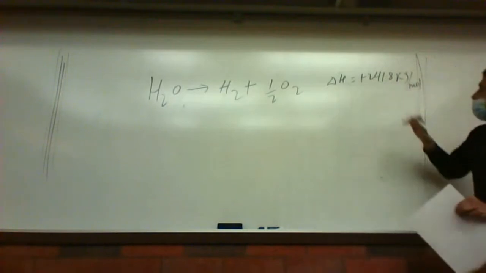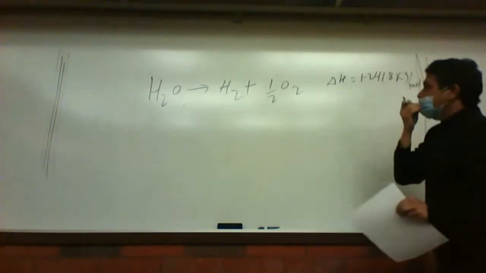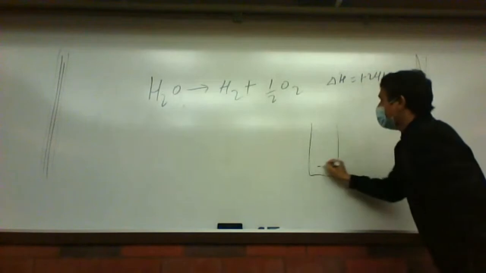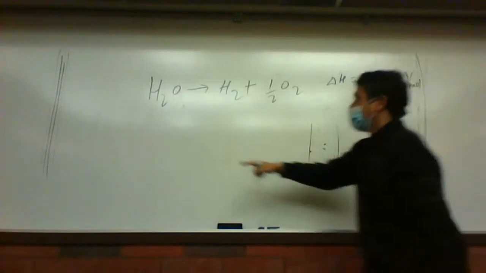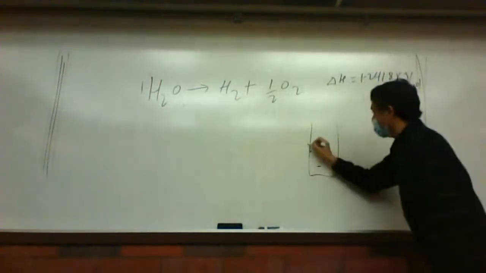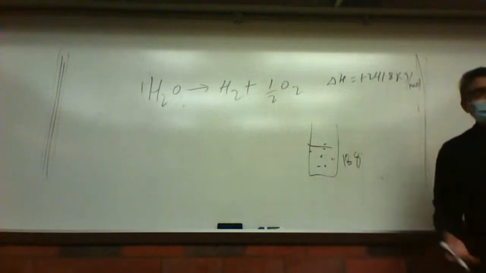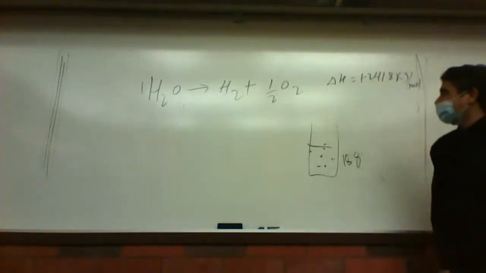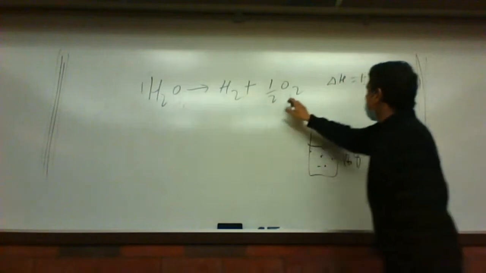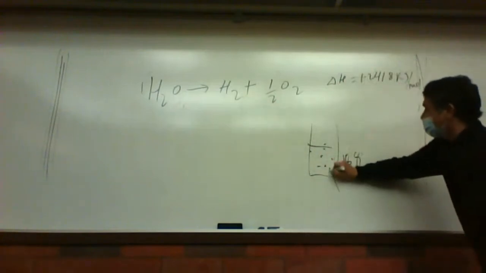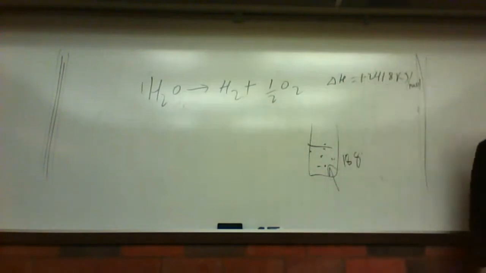So this is called enthalpy. dH is called enthalpy. Meaning you have 1 mole of water, that is 18 gram of water, and you go to the laboratory and break this 18 gram of water into hydrogen and oxygen. And to break that, you need to give 241.8 kilojoule of heat energy in an open vessel.